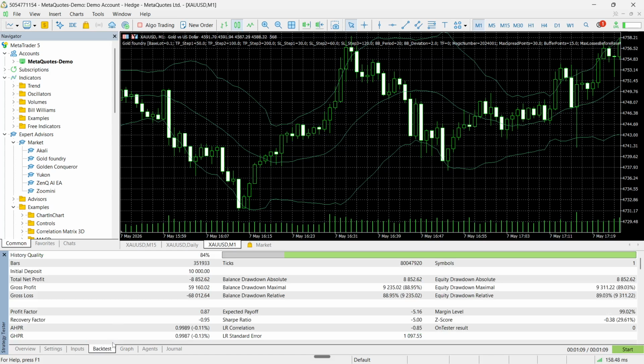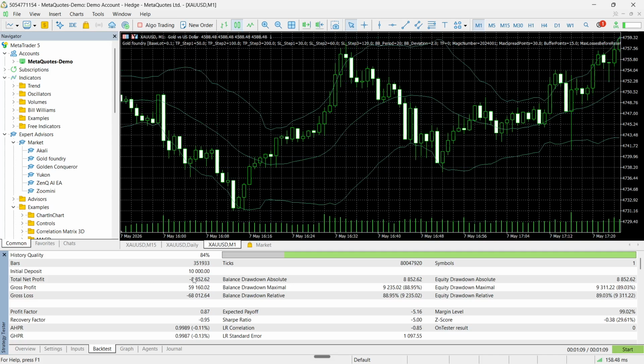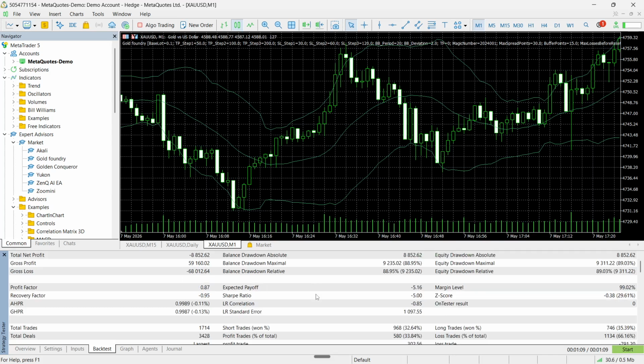From the results, the net profit, which was actually a loss in this case, is approximately $8,850. The profit factor is below 1, which is bad, at 0.87, and maximum relative drawdown is roughly 89%. Okay, so this is a clear losing result under the tested settings and period.